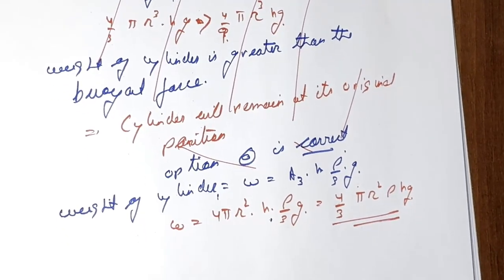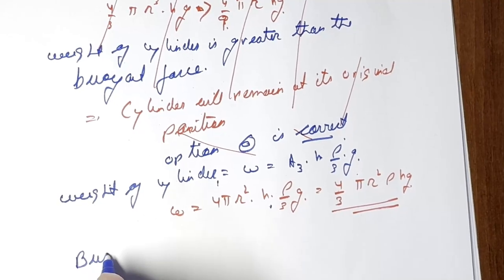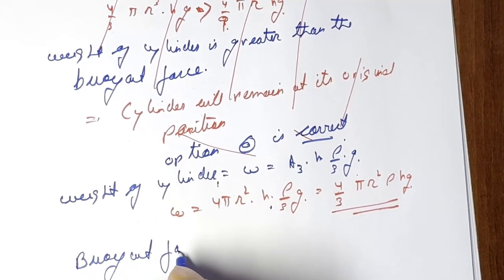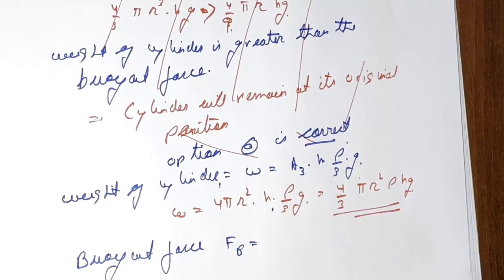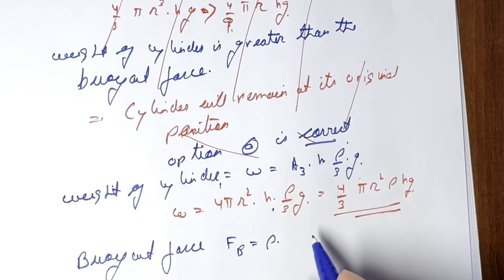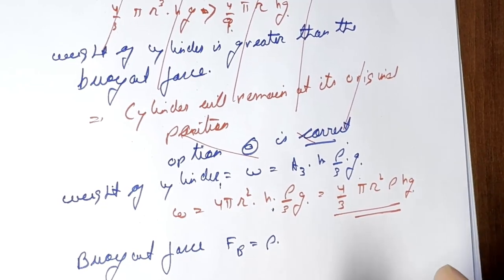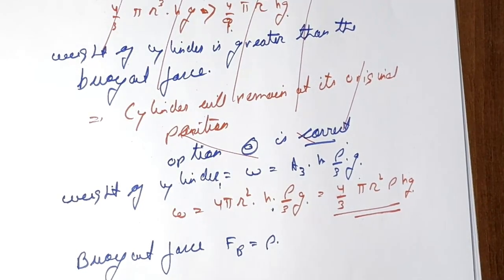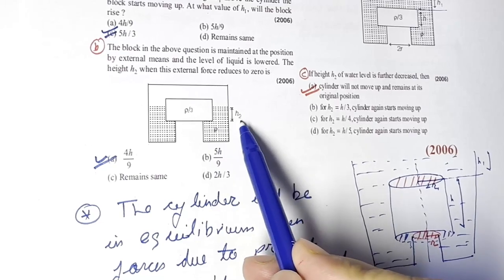So this is the weight of the cylinder, and let us calculate the buoyant force. We call that FB, and FB will be equal to the density of the liquid, which is given as rho, multiplied by the volume associated with the liquid. The only portion associated with the liquid is given as H2.